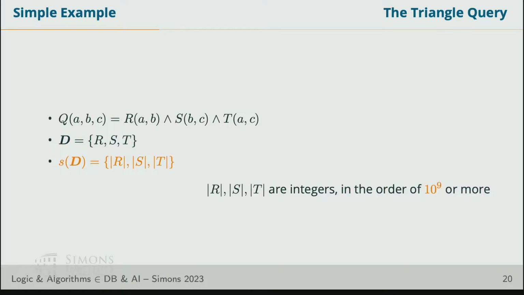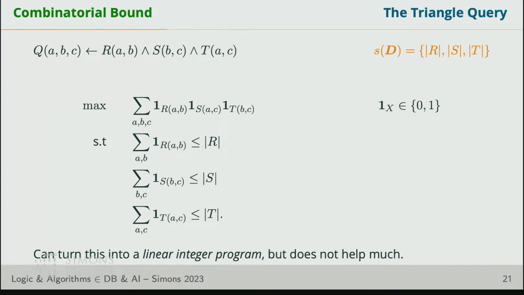Okay, so now the question is, how do we bound the output size of this query? Here's the combinatorial bound that we can set up. Let's say that we have an indicator variable for the fact that AB is in R, AC is in S, and BC is in T. Obviously, this is a triangle if all three indicator variables are 1. So if you sum over that, you will get the number of triangles.